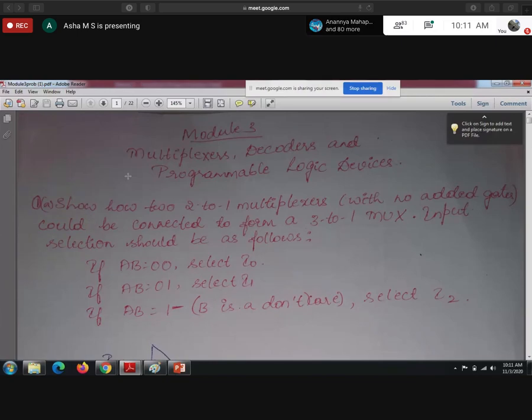If AB equal to 0, 0, select I0. Means when the selection lines are 0, 0, we need to select I0. Second one, if AB equal to 0, 1, select I1.